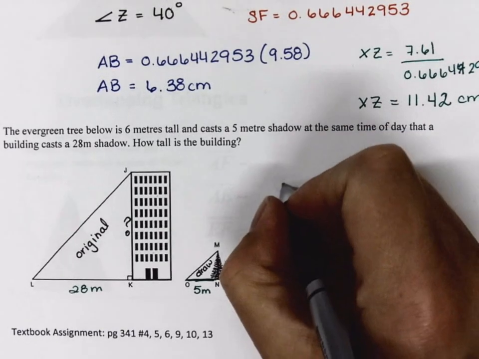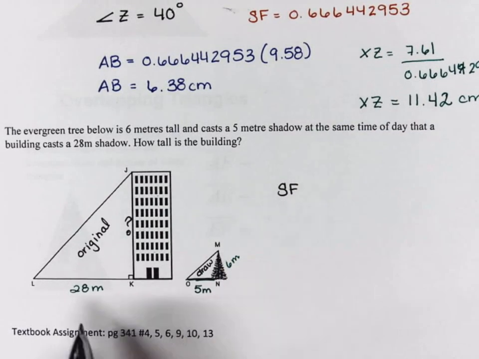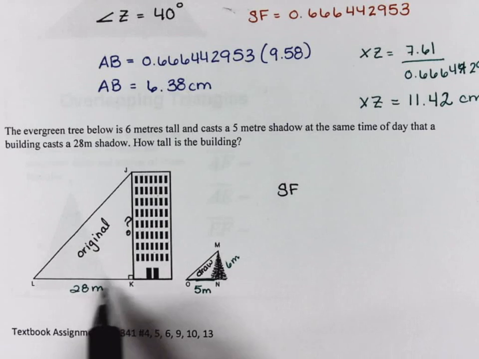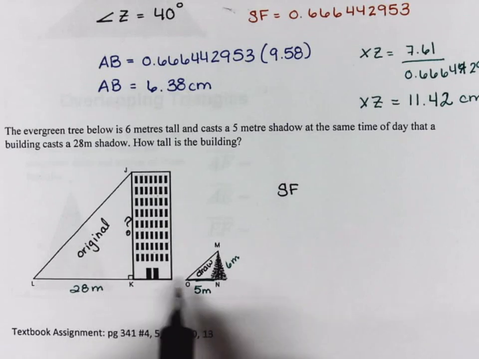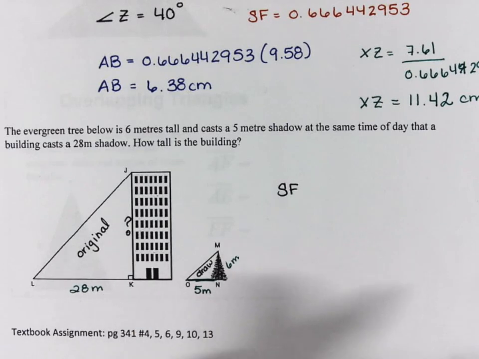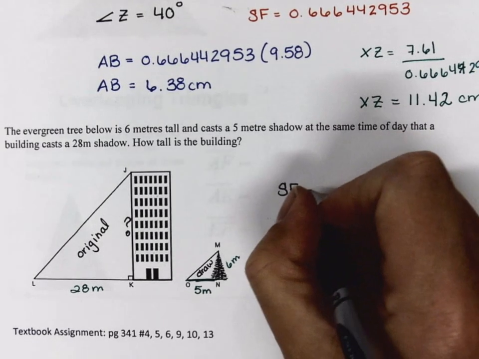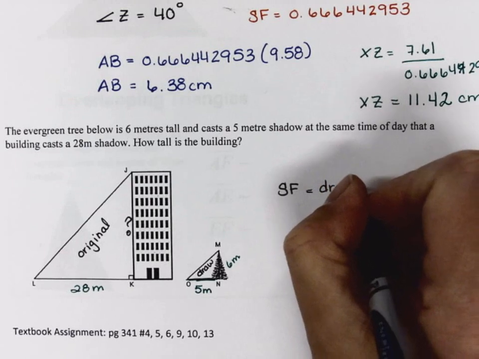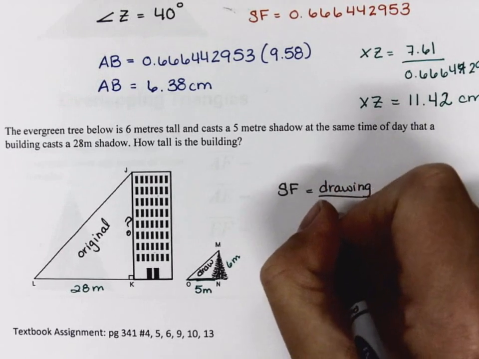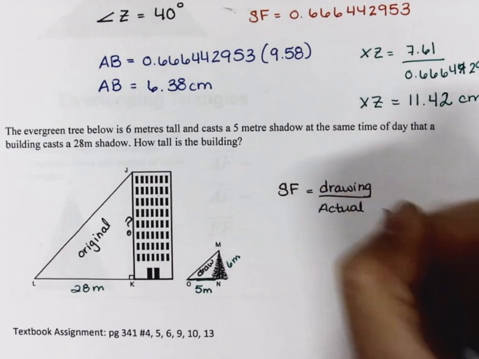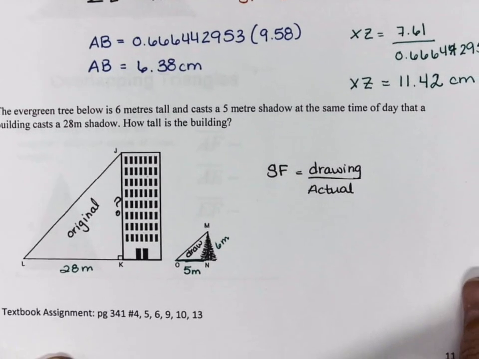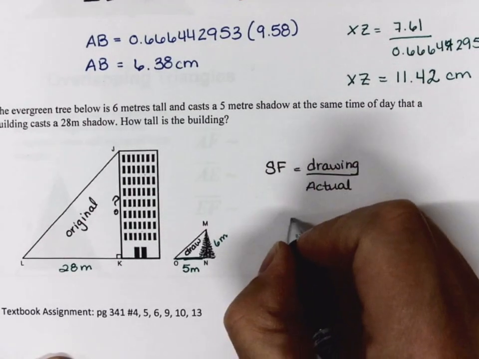If we're going to calculate the scale factor, we need to pick the sides that we have the information for. So what's the formula for scale factor? Drawing over actual. And if you don't know that, that's okay. It's on page 4. Make sure that it's on your cheat sheet.